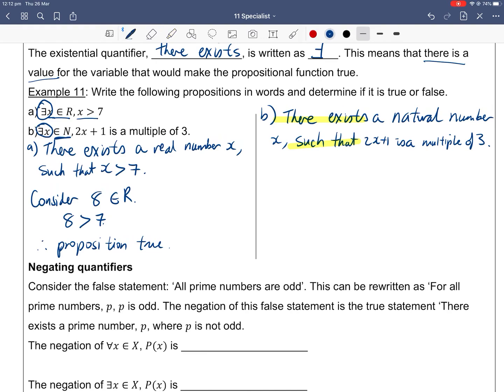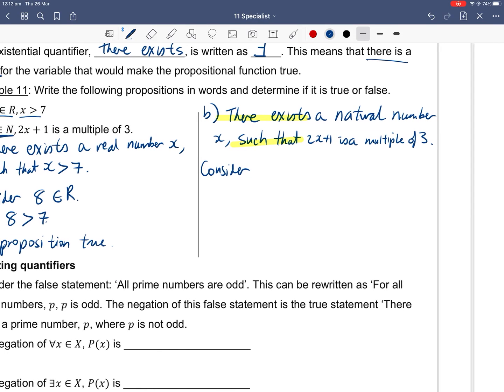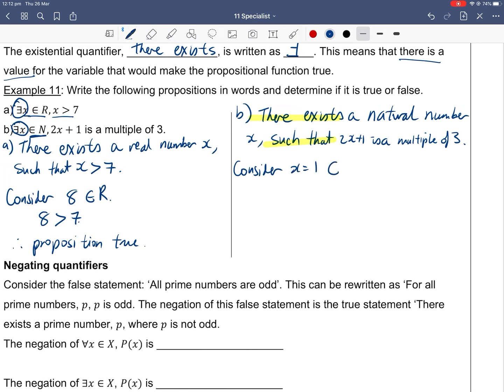Is this statement true? Can you find for me a natural number such that 2 lots of that natural number plus 1 is a multiple of 3? Yes, 1 is a natural number, 2 times 1 is 2, plus 1 is 3, which is a multiple of 3, so we're good. So consider x, which is 1, that's a natural number, so 2x plus 1 is 2 times 1 plus 1, which is 3, which is a multiple of 3.